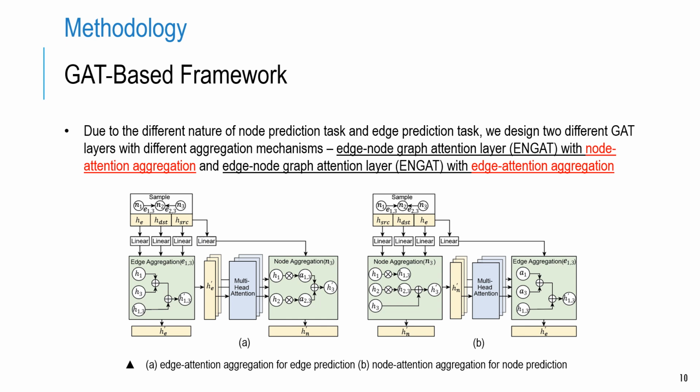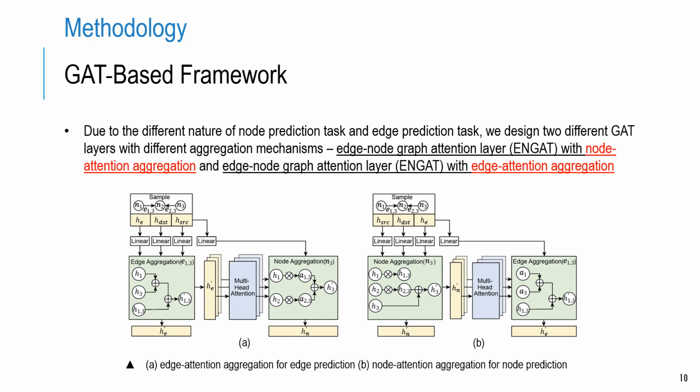Since predicting voltage distribution and predicting current density distribution are different tasks, we designed two different GAT layers with different aggregation methods. Each GAT layer incorporates both node aggregation and edge aggregation, forming what we call an edge node graph attention layer.